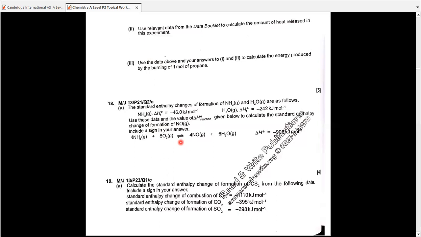Yes, sir. Since the equation is already balanced for you, it shouldn't be a problem. Just put the values and get the answer.